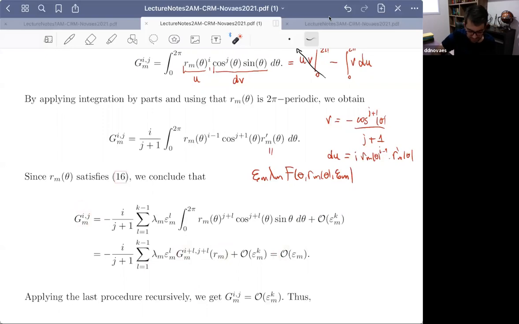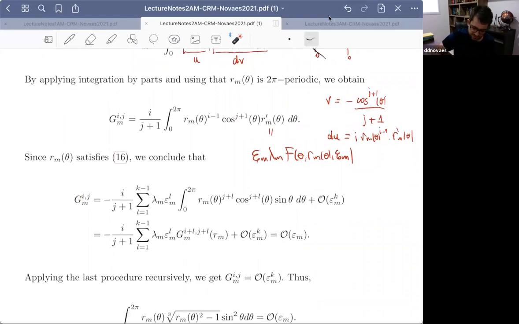Okay, it's not itself because I'm changing this index, but the property of it to be order m does not depend on the index ij. Okay, so we can repeat this procedure recursively in order to conclude that this function is an order epsilon m power 2k.